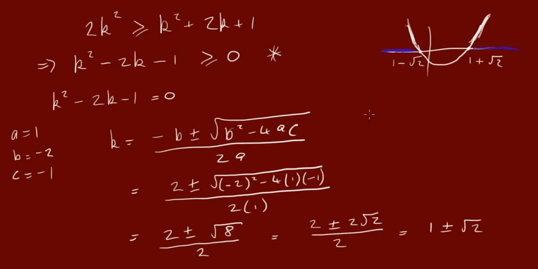Now we have to remember that our original k has to be greater than or equal to 4. 1 plus root 2 is about 2.4. Now, if my k is always greater than or equal to 4, I will always end up somewhere up along here on the graph.